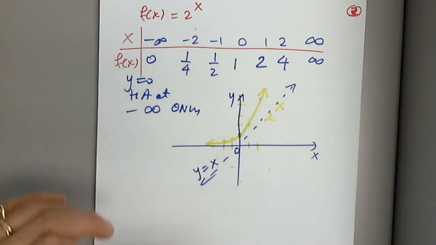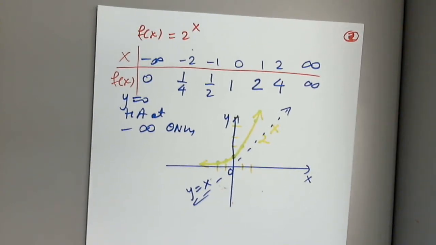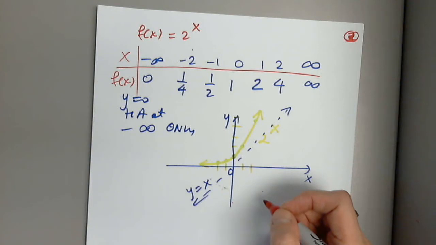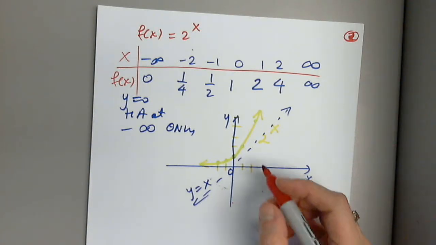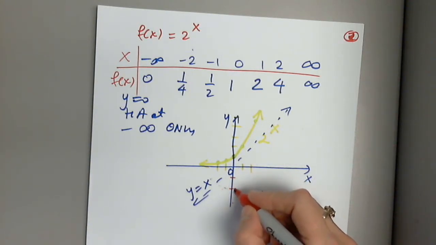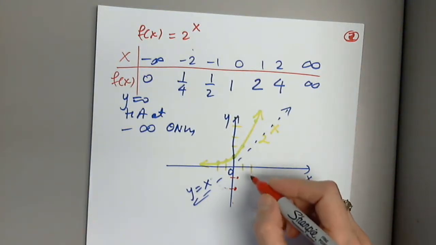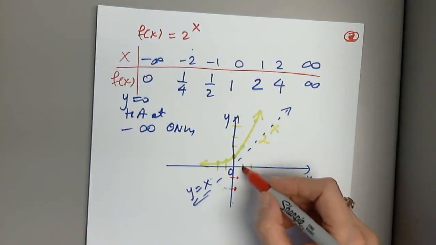Y equals x. Please give me several ordered pairs so I can plot this function now, the inverse of 2 to the x. Yes, 1/4, -2. Perfect. Right.